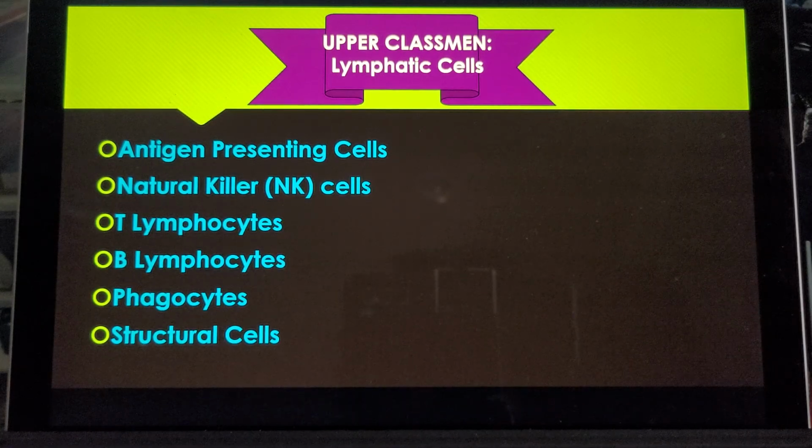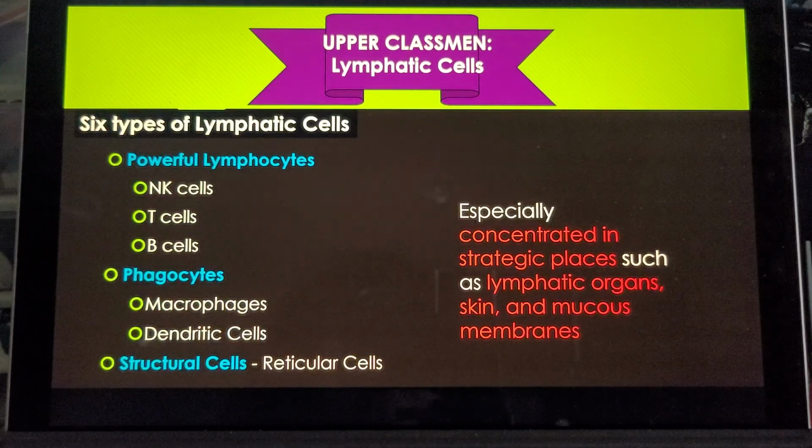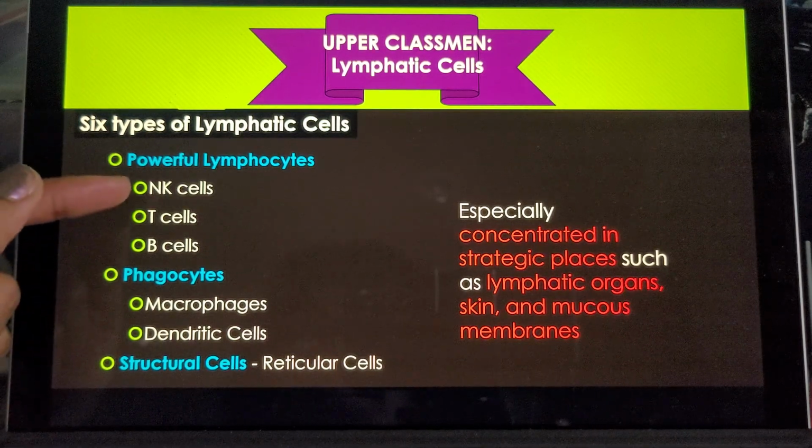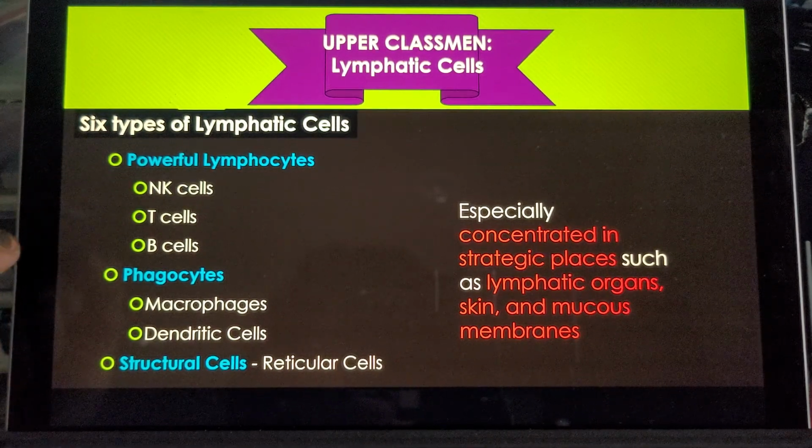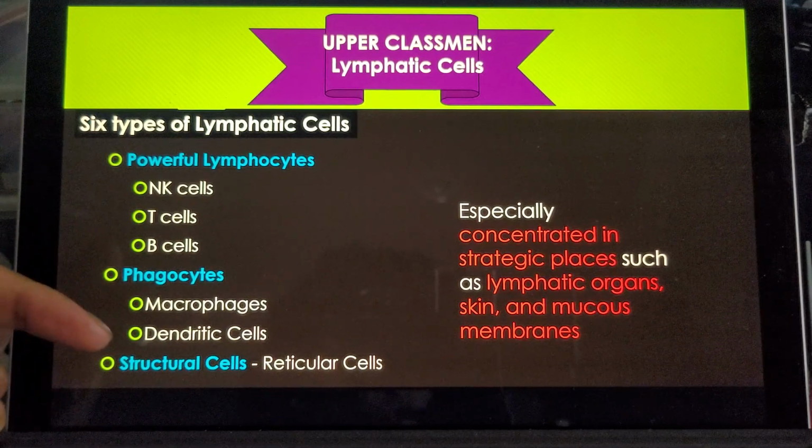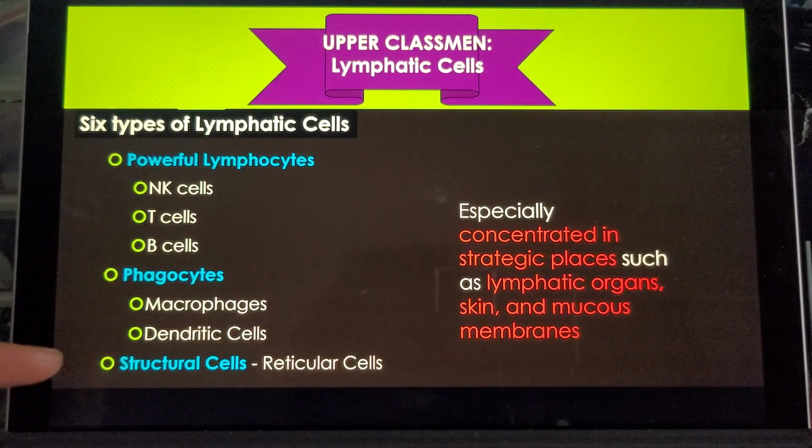Okay, and the last one are structural cells. So earlier we talked about our different lymphatic tissues and lymphatic organs. So we do have some structural cells that will help with those organs as they function to provide structure. Okay, so focusing on our lymphatic cells, we have our powerful lymphocytes, so our NK, T, and B cells, our phagocytes, which are macrophages, as well as our dendritic cells, which you remember from the skin chapter.